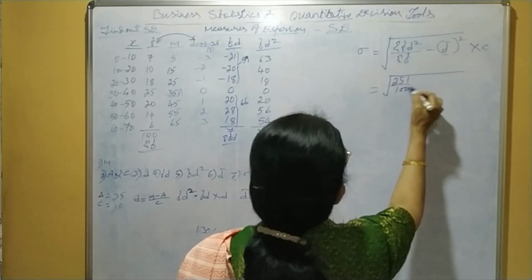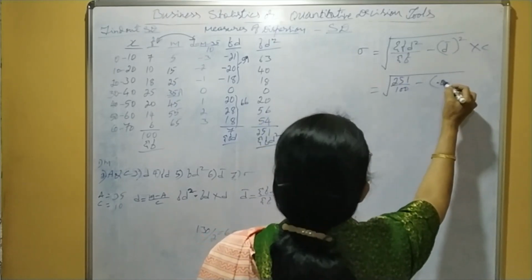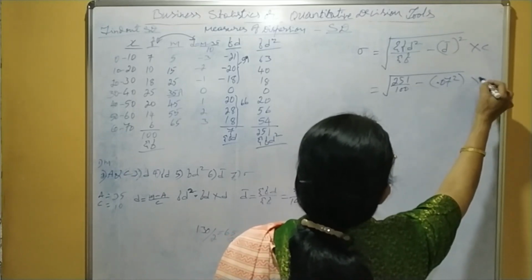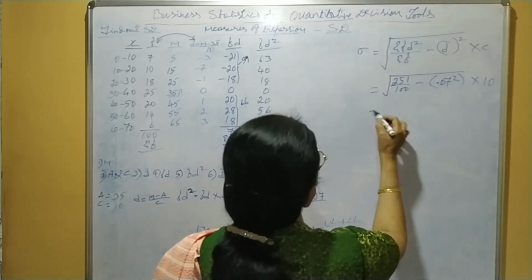251 divided by 100 minus 0.07 whole square, into C, 10, the class interval.